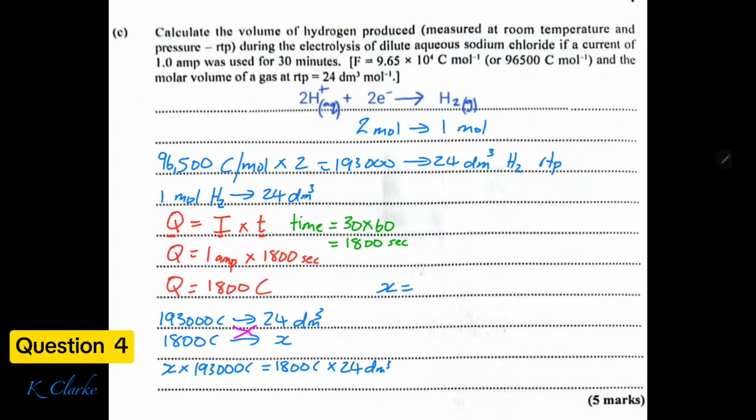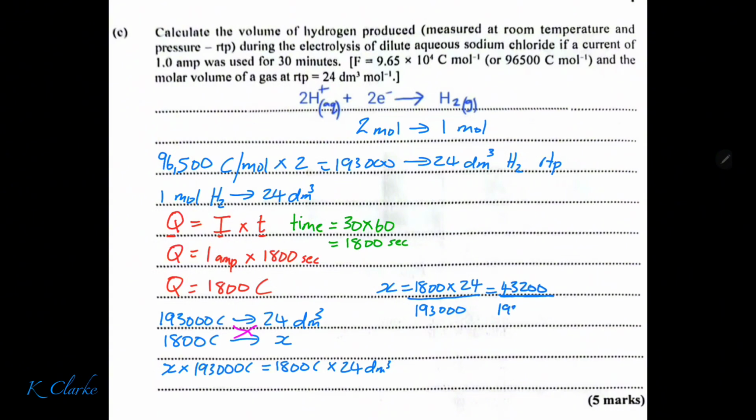X equals 1,800 multiplied by 24 divided by 193,000. 1,800 multiplied by 24 equals 43,200. This divided by 193,000 equals 0.22 dm³ of hydrogen gas produced for 30 minutes.